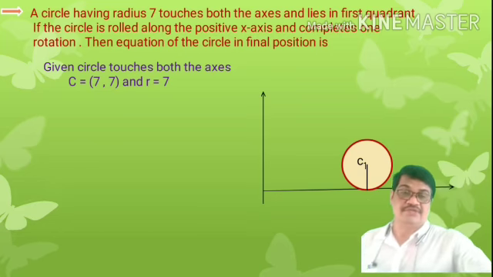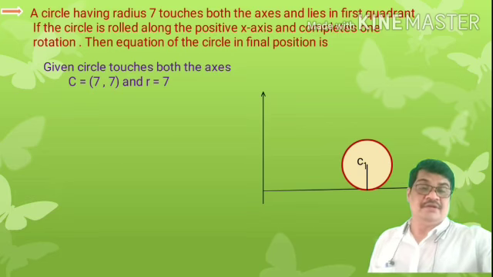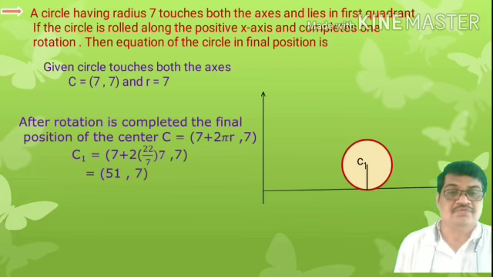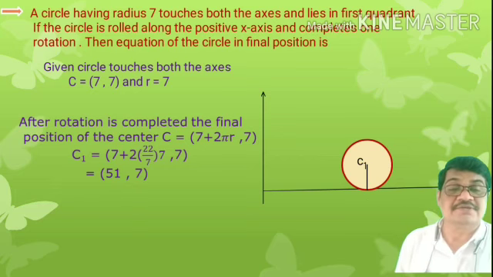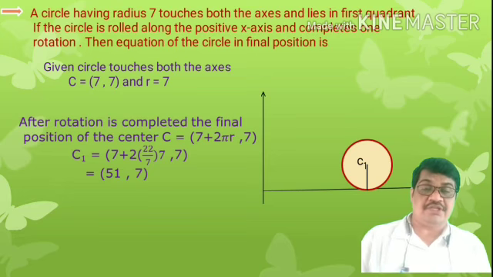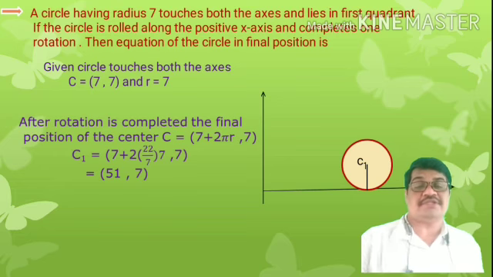How to find it? The radius is the same and the x coordinate changes here. The first position of the center is (7, 7). After one complete rotation, what is the x coordinate? The x coordinate is increasing along the positive x-axis.